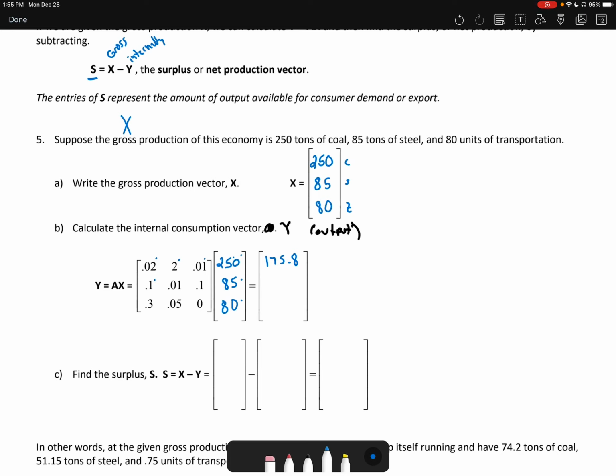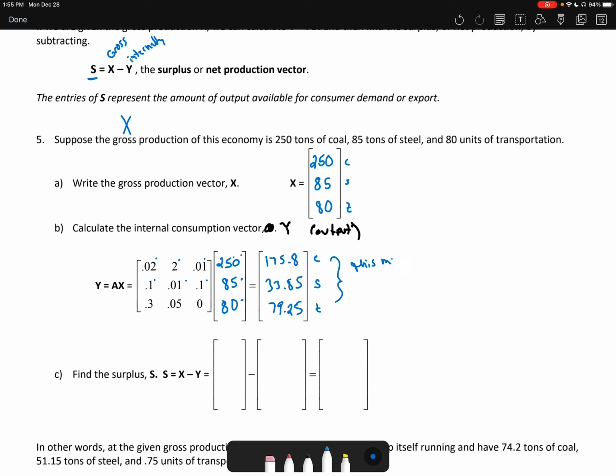And then the same for the other ones: 0.1 times 250 plus 0.01 times 85 plus 0.1 times 80. That gives 33.85. And when you take the last row times this column, you should get 79.25. As a reminder, that's a C, an S, and a T.